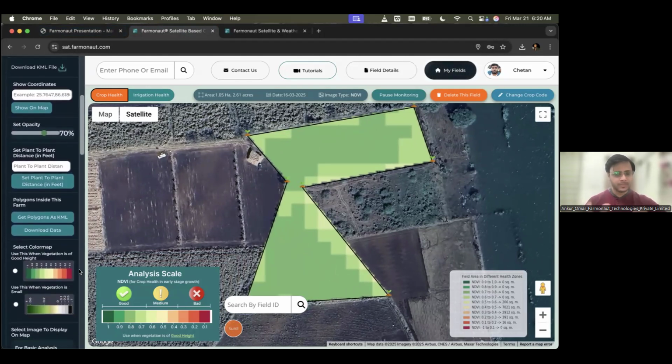Definitely. Let's take this farm for example in this particular use case. We see that this is an NDVI image, which is the normalized difference vegetation index. NDVI images are sensitive to the percentage of chlorophyll content in the leaves of your plants. If you have higher chlorophyll content, higher photosynthetic activity in your plants, you will have higher values.